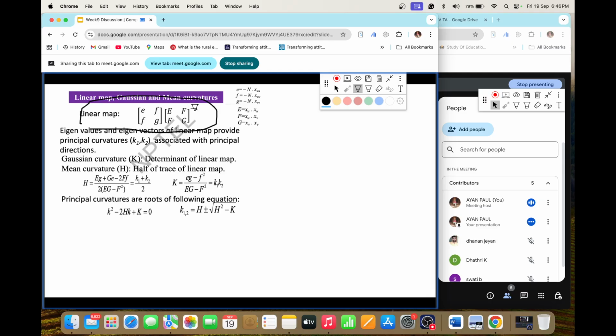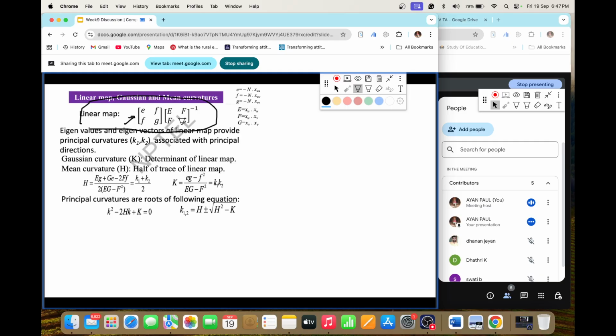Why is this linear map popular? Because once you solve this linear map, you will form this matrix, and the result will come in the form of a matrix.